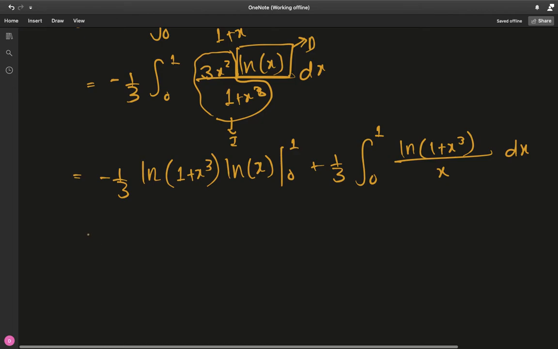So now for 1 we have natural log of 1 times natural log of 2, so that will become 0. And for natural log of 0 we'll have natural log of 1, which is 0, times natural log of 0, which is basically negative infinity. So 0 times infinity. We can apply L'Hopital's rule on this. Again, I won't be showing that.